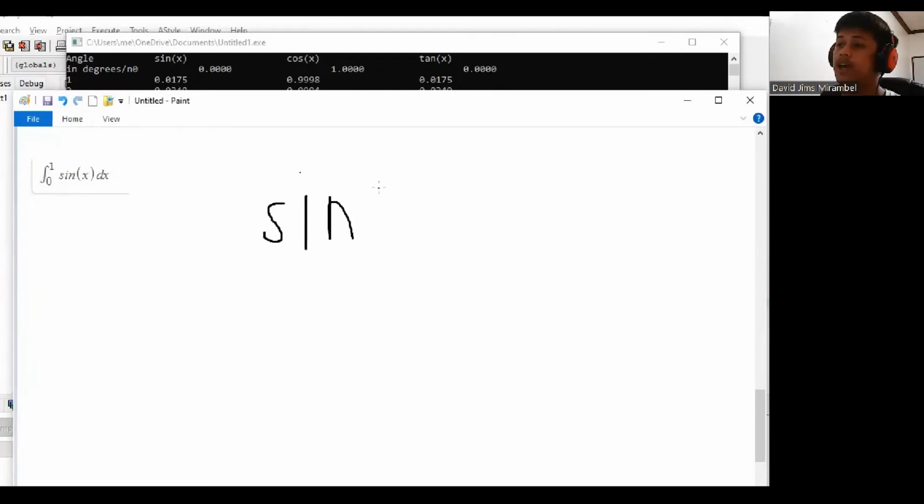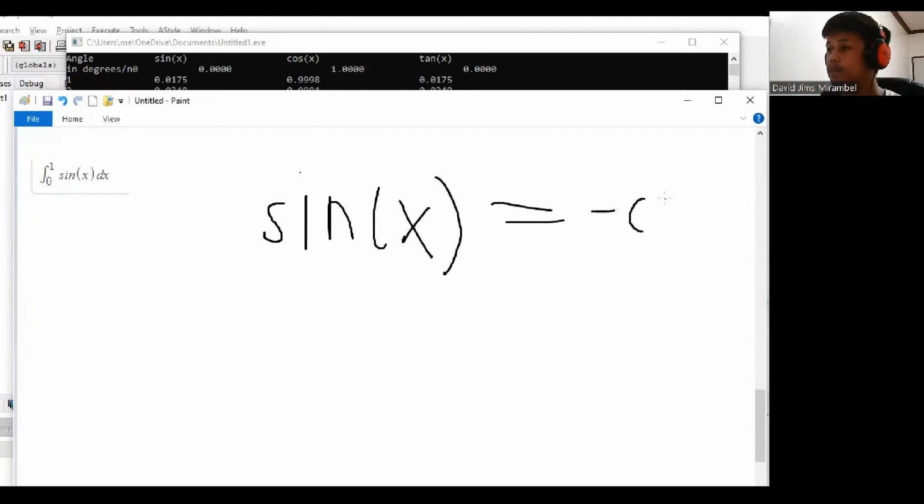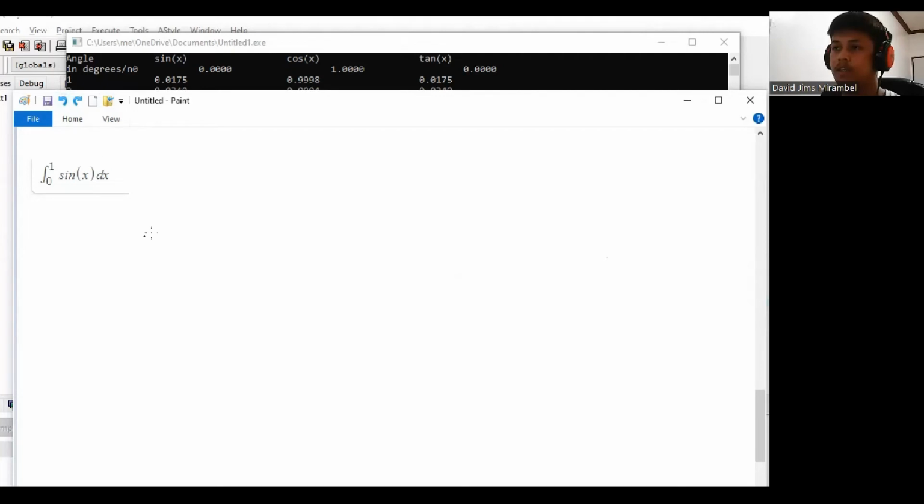The integral of sine x is equal to negative cosine x, and from 0 to 1 we evaluate this.